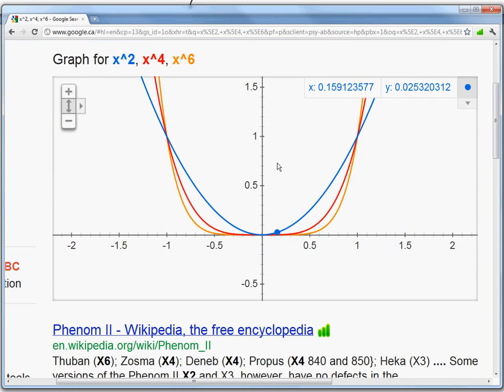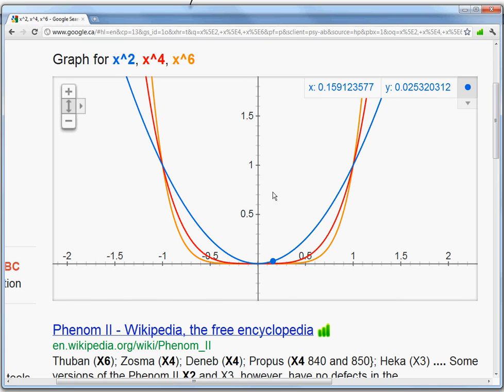Okay, this is a good graph. This curve here is x squared, the blue one. When x is between negative 1 and 1, x squared is actually greater than x to the 4 and x to the 6.